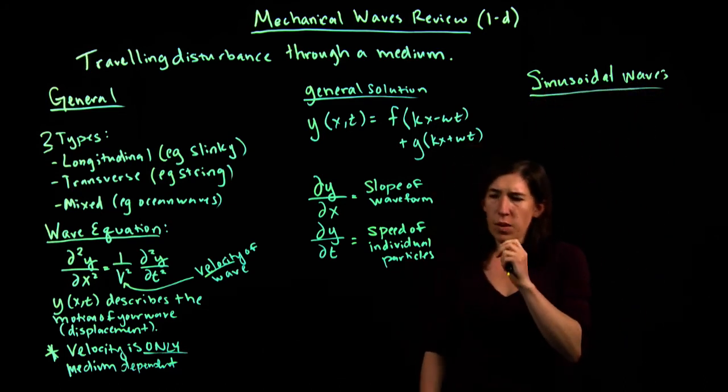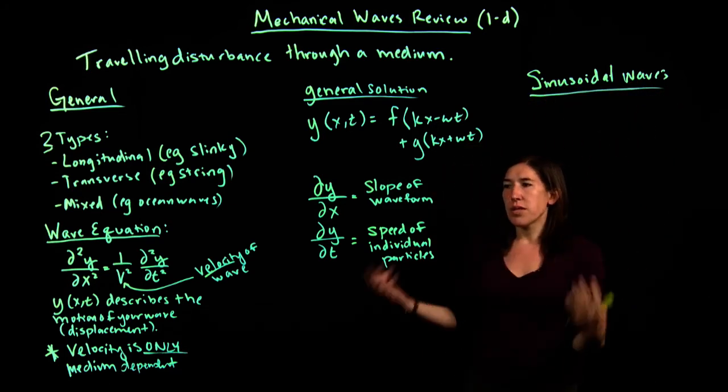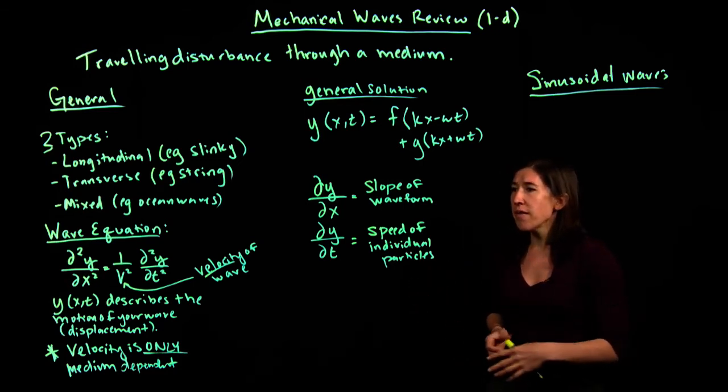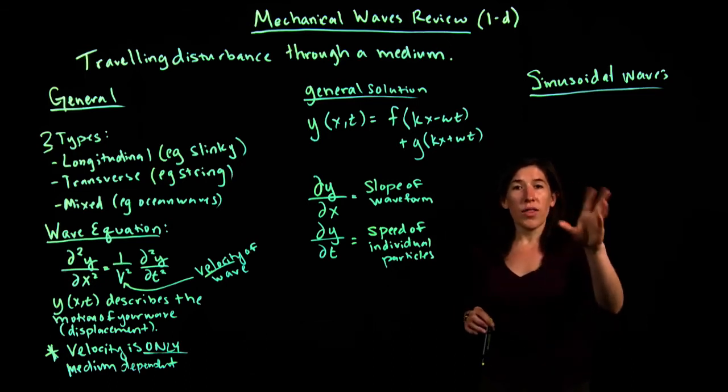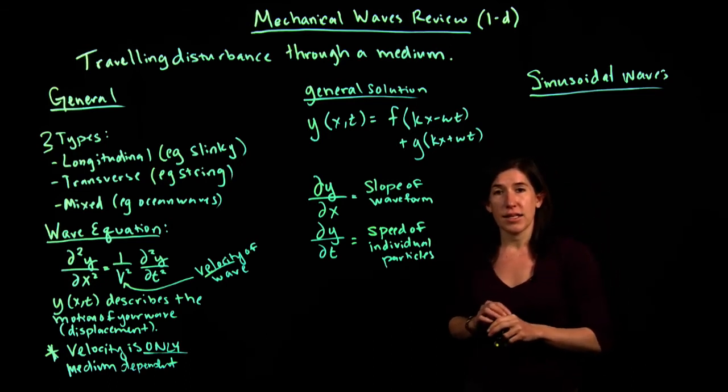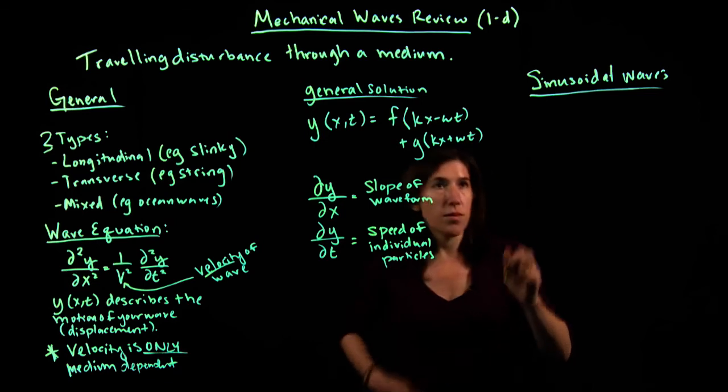And it's always really important to keep track of, if you have a particular expression describing a wave, whether this expression applies to waves in general, or whether this is something that only applies to sinusoidal waves.